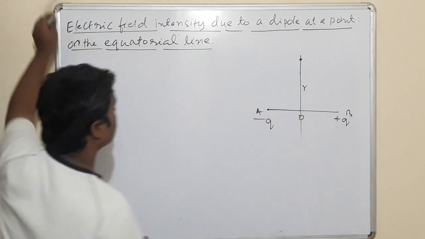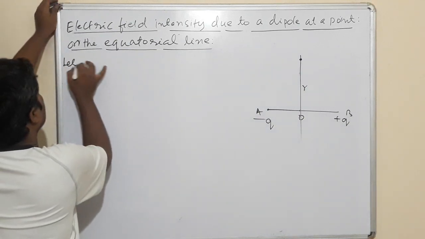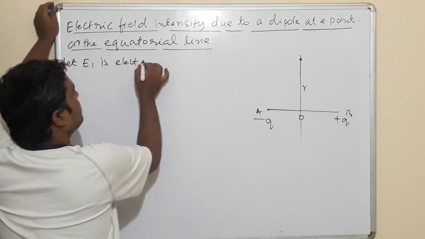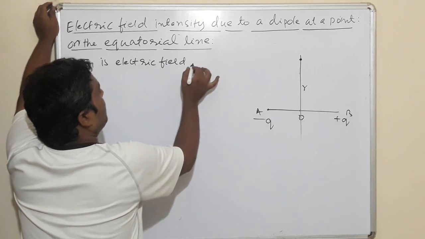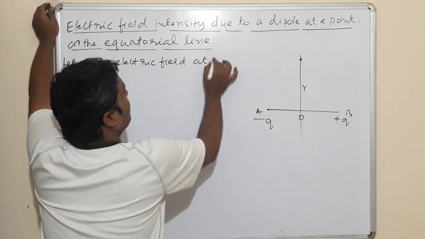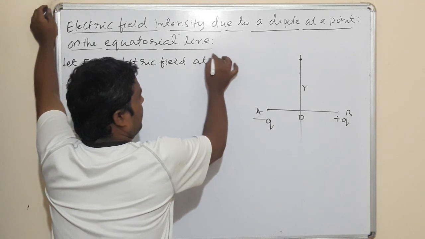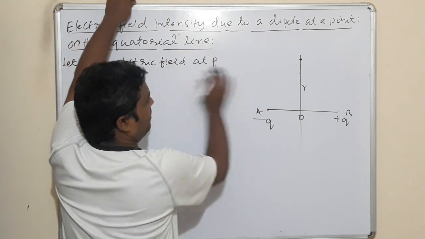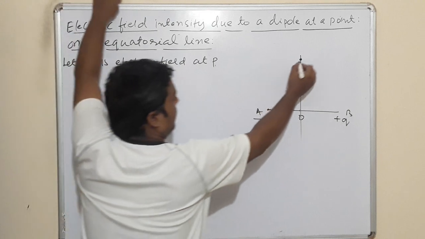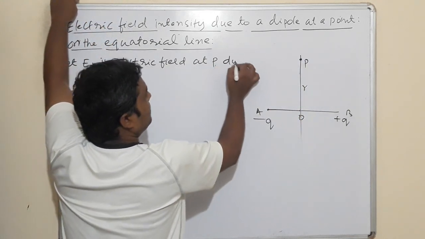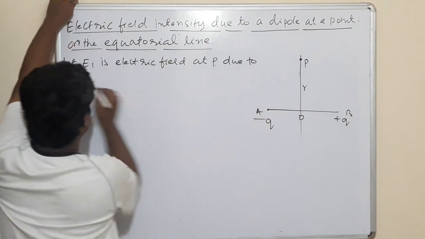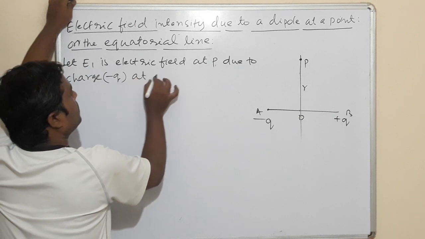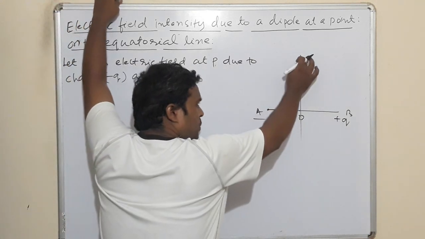Again, let E1 be the electric field at P due to charge minus q at A. I am not going to rewrite the description from the previous derivation.